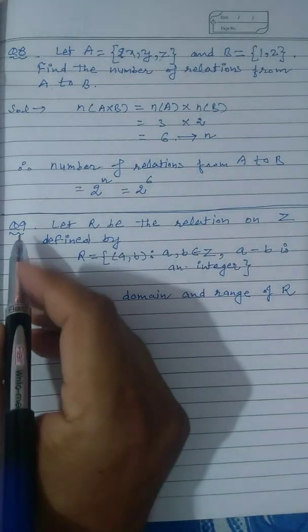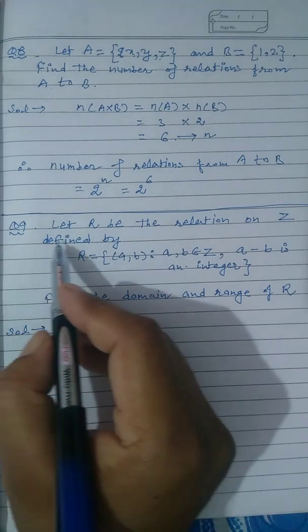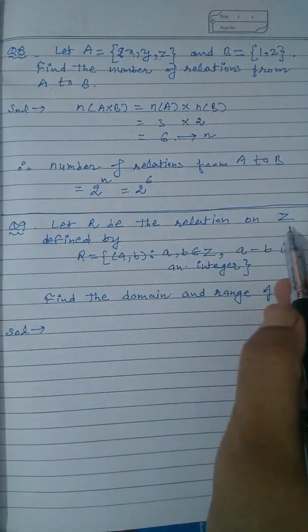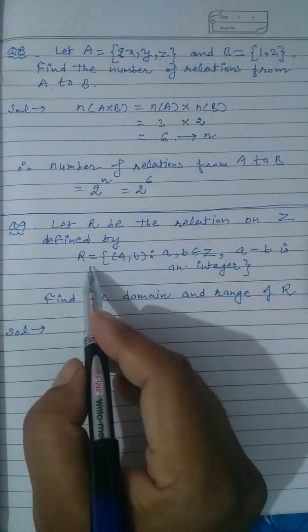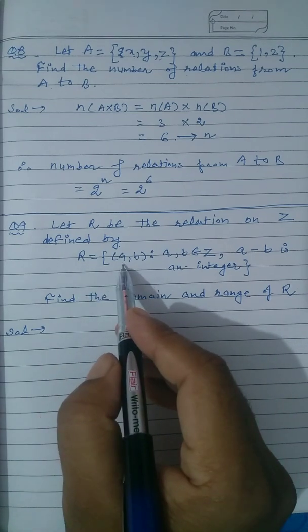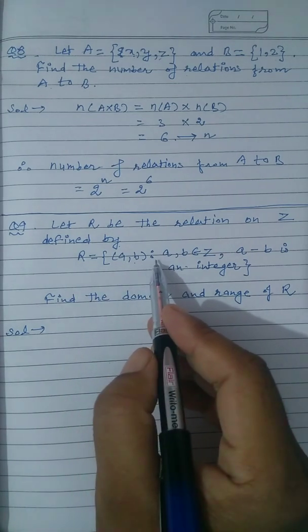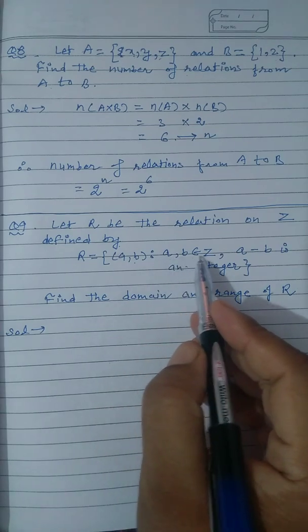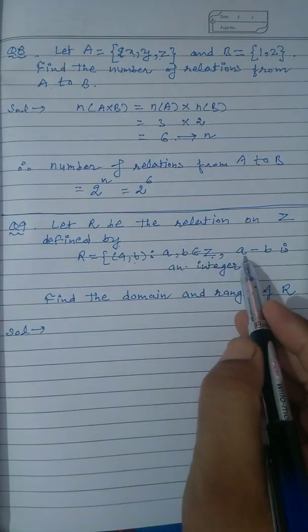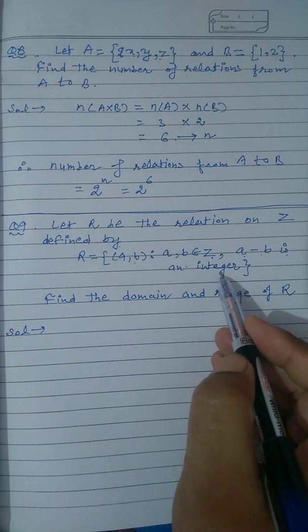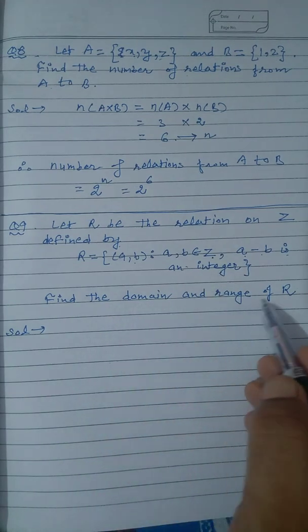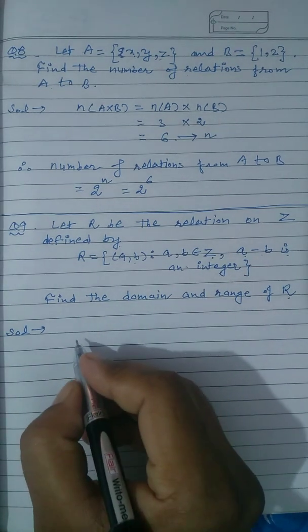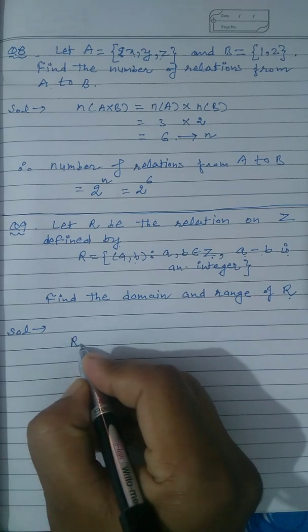Our last question of the exercise, question number 9. Let R be the relation on Z defined by R is equal to the ordered pair (a, b) such that a comma b belongs to Z and a minus b is an integer. Find the domain and range of R. So first of all, what is R?